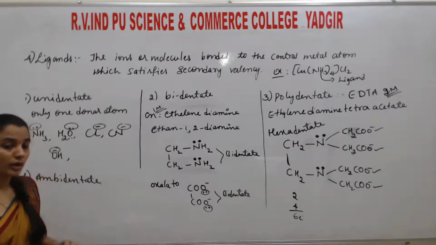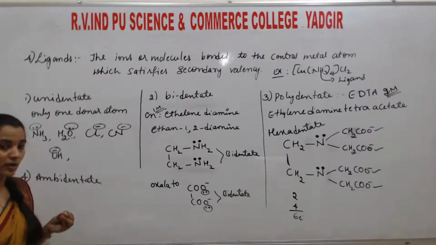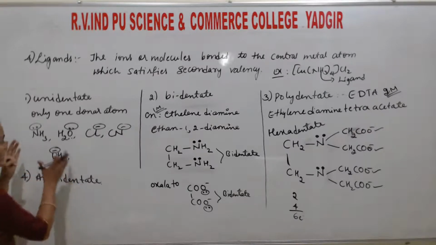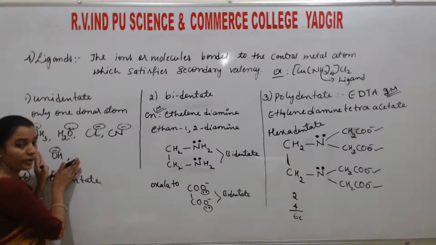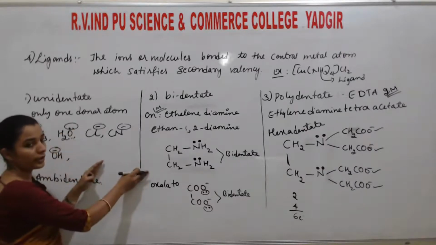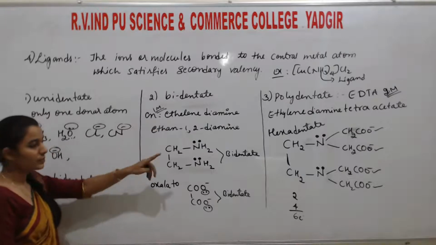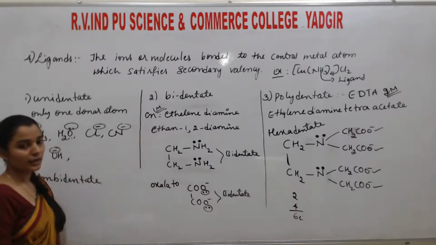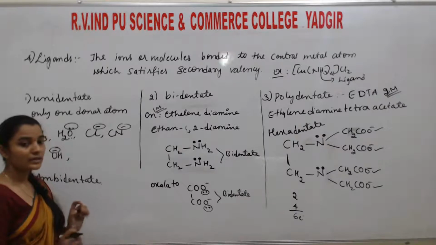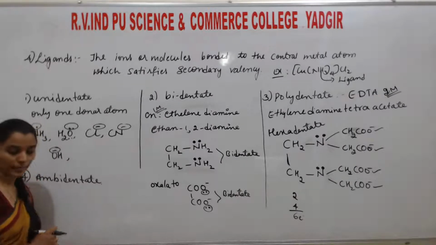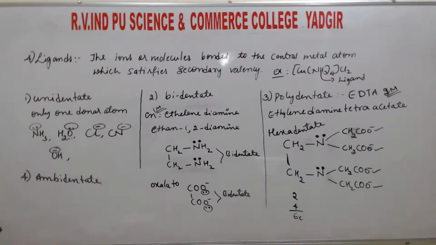Number of donor atoms or the capacity of the formation of the dative bonds. One coordinate bond, unidentate; 2 coordinate bonds, bidentate; more than 2 means polydentate, especially EDTA is hexadentate. It has the capacity to form 6 coordinate bonds. Next we will discuss ambidentate and chelate.